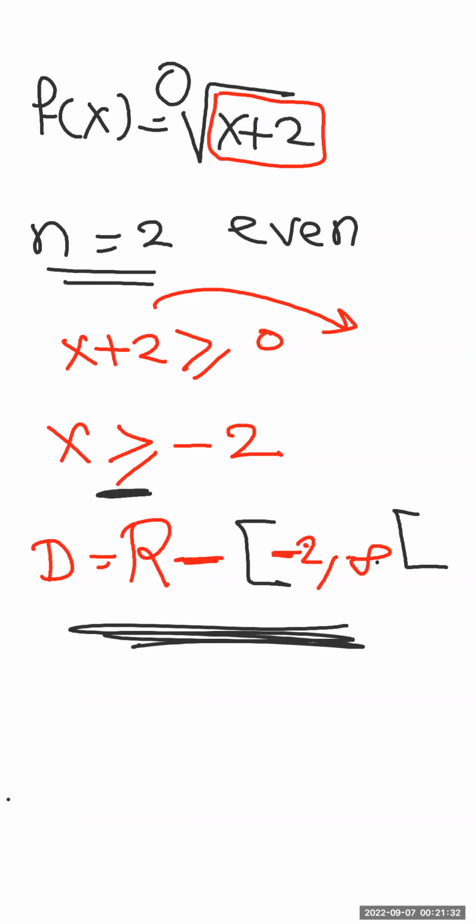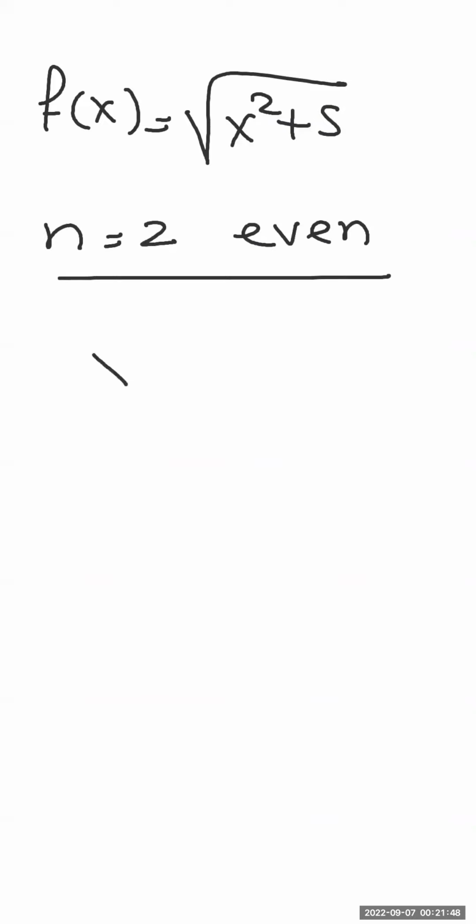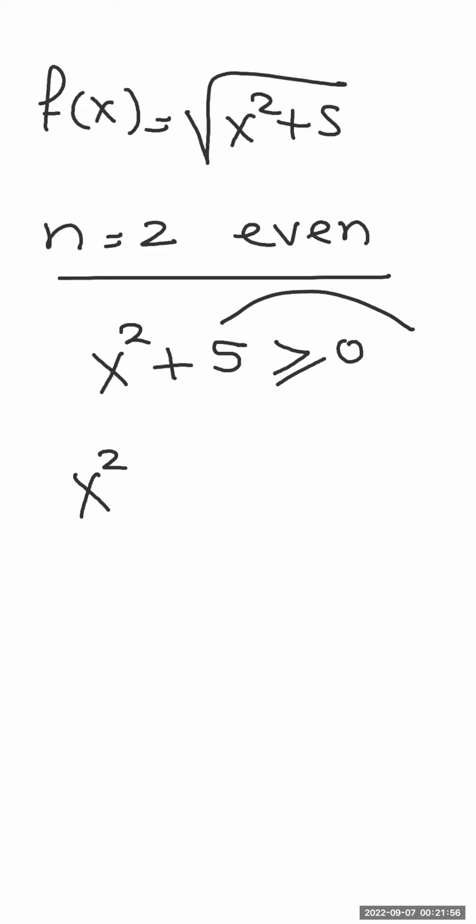Okay, the next one. If there is another function like this, f of x equals the square root of x squared plus 5, the index of the root is 2, which means even. So the function x squared plus 5, h of x, must be greater than or equal to 0. So x squared, shift this to the other side, so the positive number becomes negative.